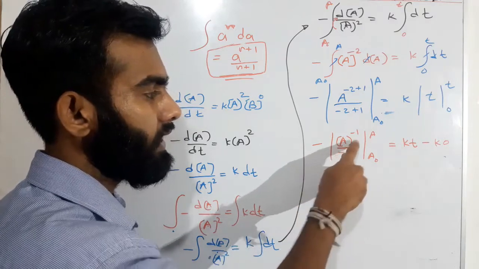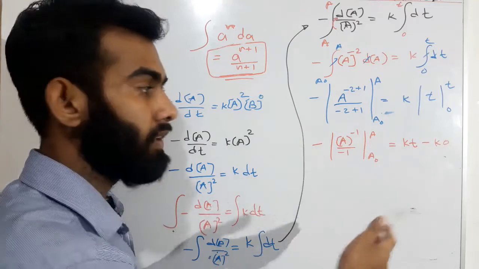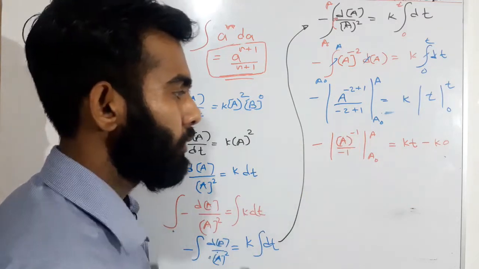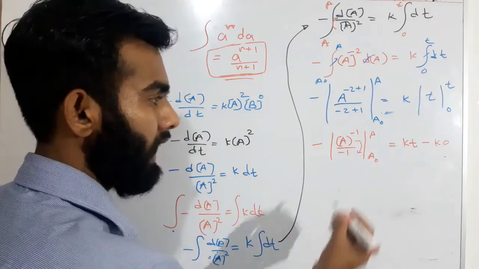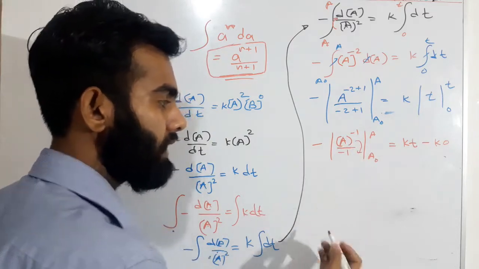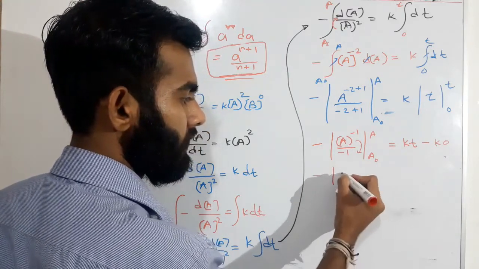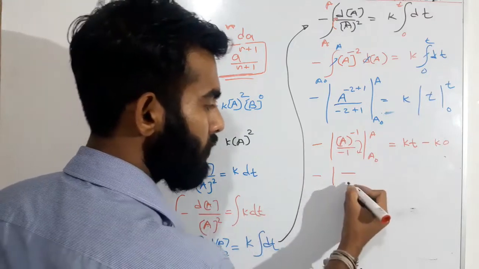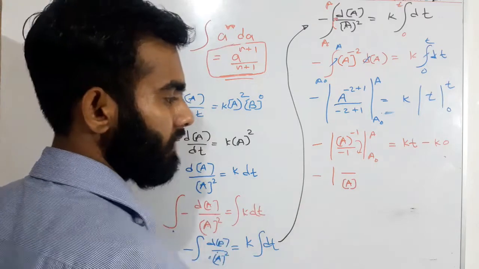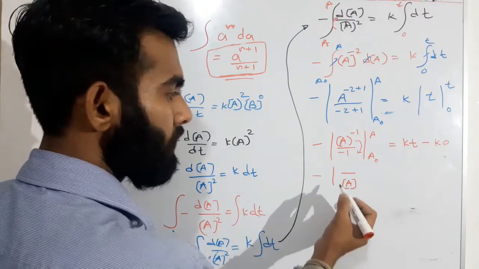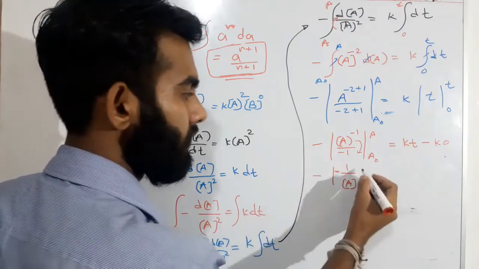This a contains a negative power. We can transform it into a positive power if we put it as the denominator. So I will move it into the denominator, minus. Here now a goes down as the denominator, a power will be 1. I will not write down 1. However, it contains a negative sign because of this minus.